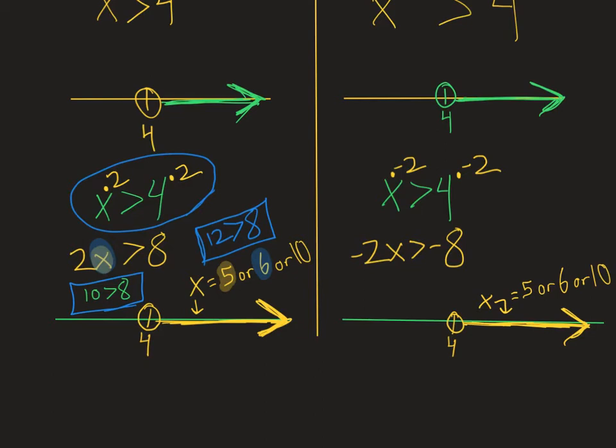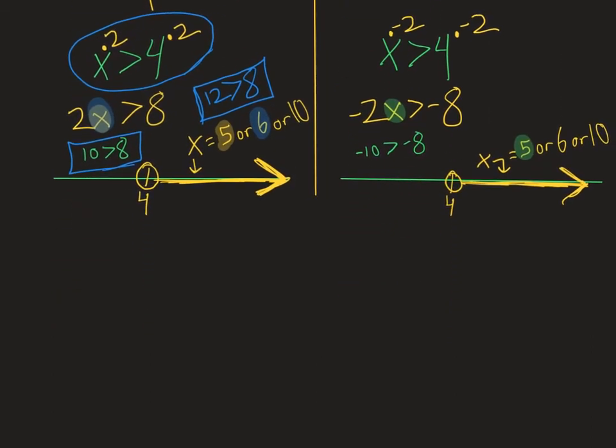Let's try a few. 5 for x, let's plug that in. -2 times 5 is negative 10. Is negative 10 greater than negative 8? Think about that. We'll even scroll up here, and if we want, we can help you guys by throwing it on a number line.